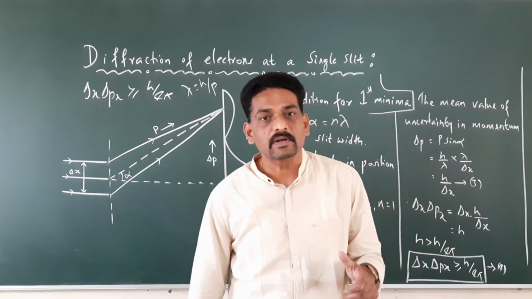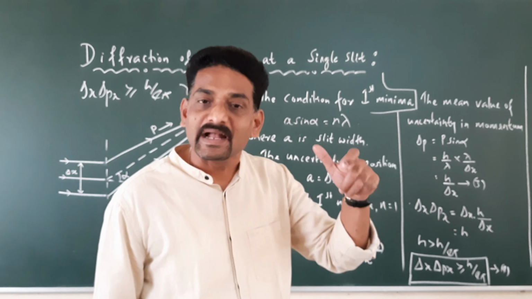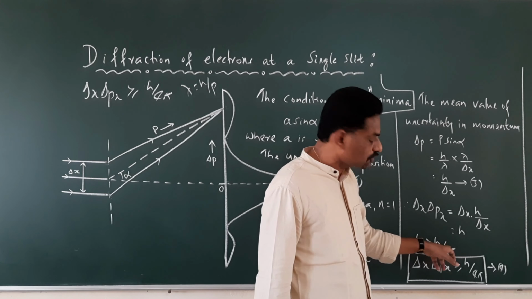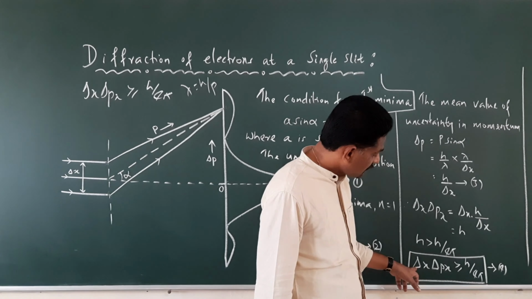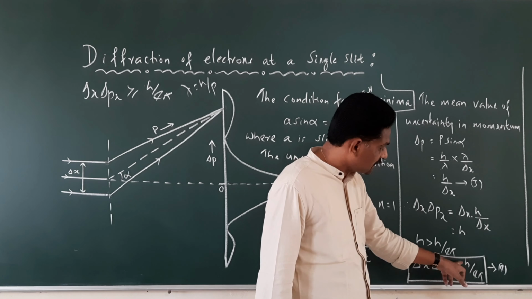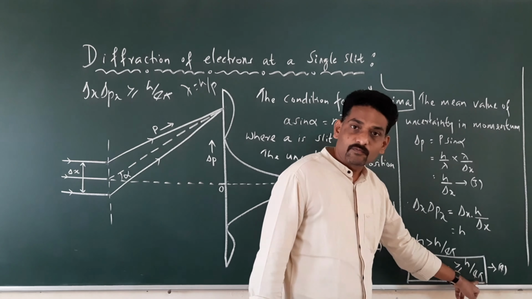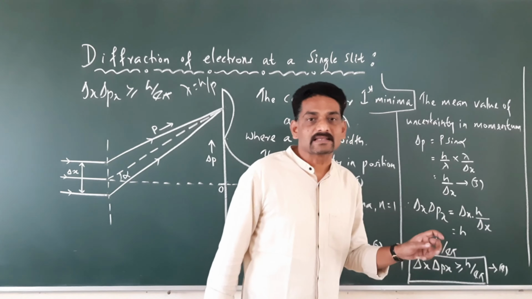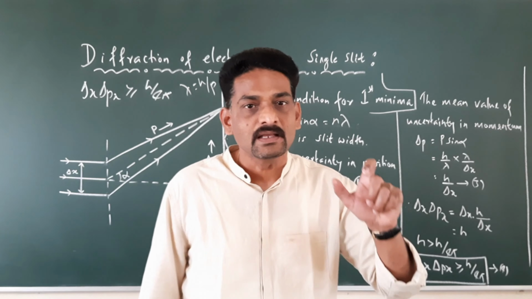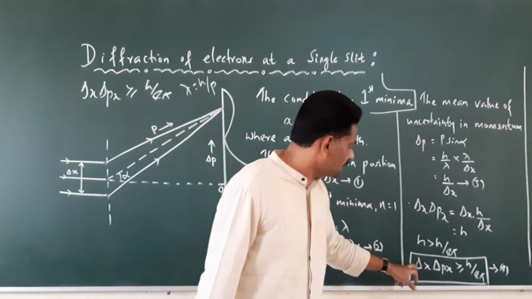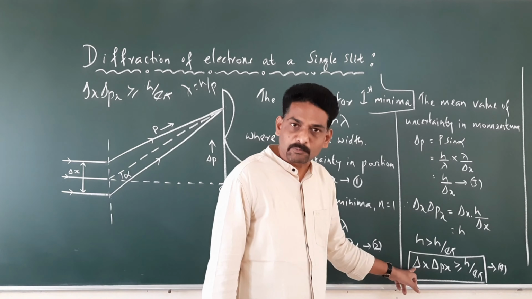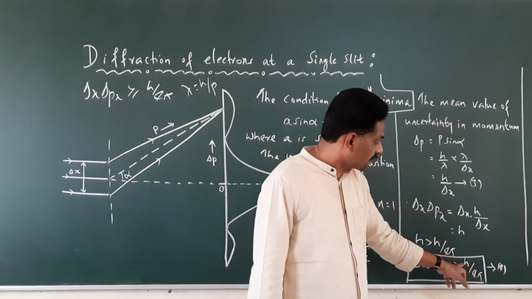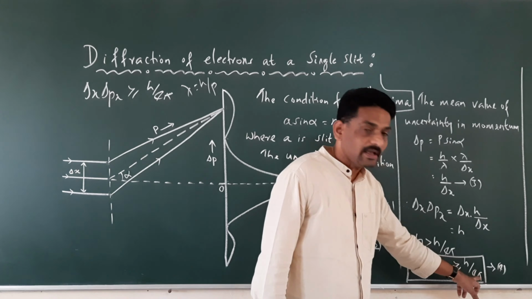And we know that mathematically h is always greater than h divided by 4 pi. Therefore, delta x into delta px is greater than or equal to h divided by 4 pi. What is this equation? This is exactly Heisenberg's uncertainty equation: delta x, the error in the measurement of position, and delta px, the error in the measurement of momentum, is greater than or equal to h divided by 4 pi.